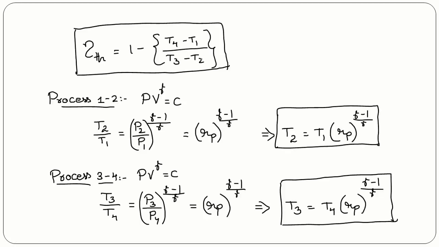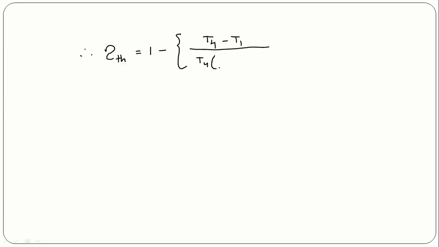Now therefore the thermal efficiency will be equal to 1 minus (T4 minus T1) by (T3 minus T2). T3 can be written as T4 into Rp to the power (gamma minus 1) by gamma, minus T2, which is T1 into Rp to the power (gamma minus 1) by gamma.